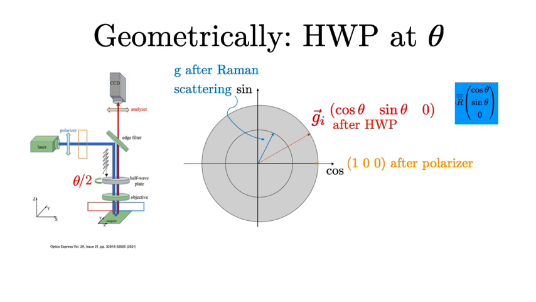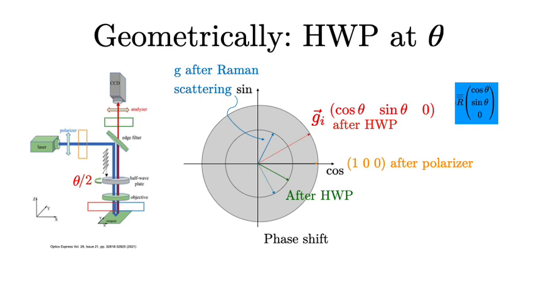So what does it do? Well, here the problem is this vector has a y component. So in order to calculate the effect of the half-wave plate on this polarization, we first have to apply the inversion, the pi phase shift, so it's going to the dotted line, and then rotate this vector by theta to get the green vector after the half-wave plate, which is basically the vector we have here.